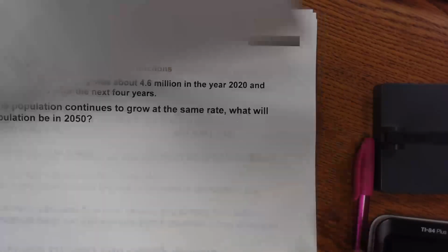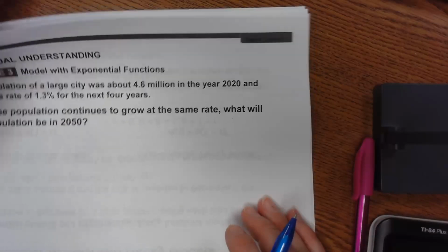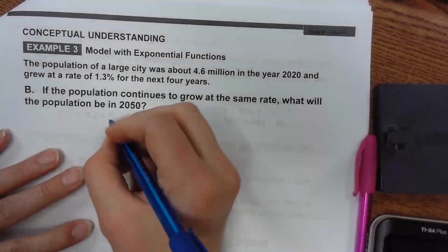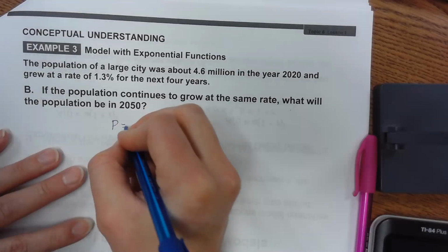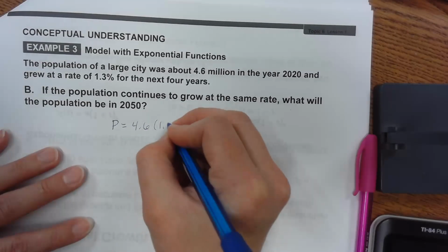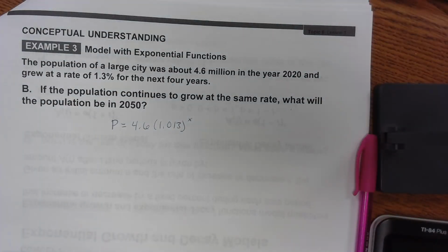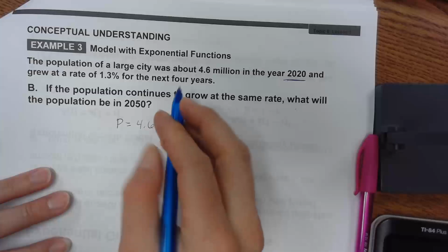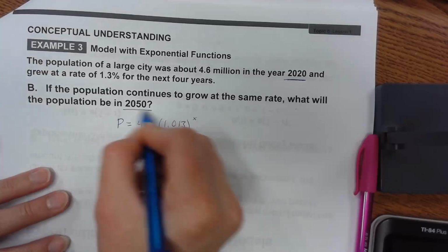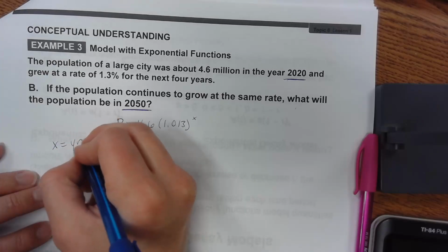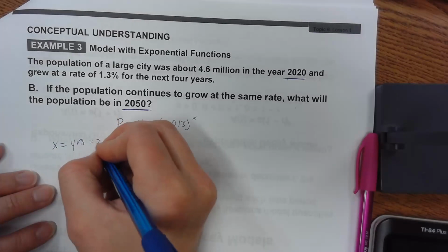Okay, if I follow up that question with, if it continues to grow at the same rate, what will the population be in 2050? So we have our population equals 4.6 times 1.013^x. Since 2020, we want to know what the population would be when it hits 2050. Well, x, which is in years, would be 30.